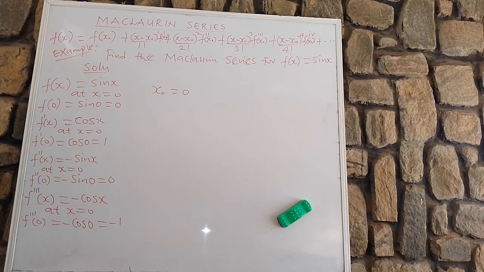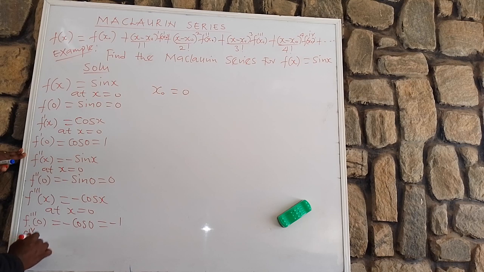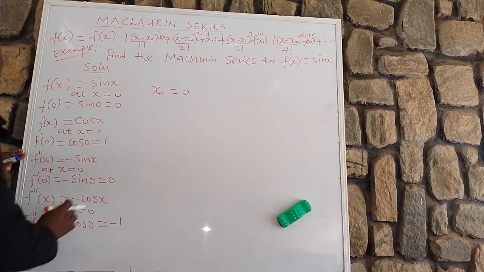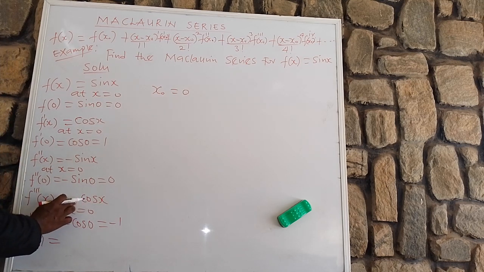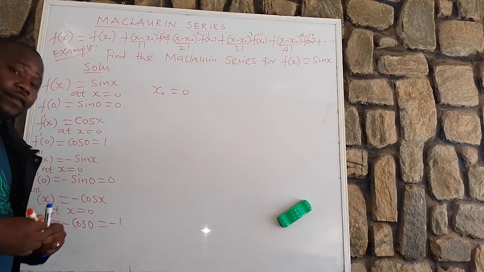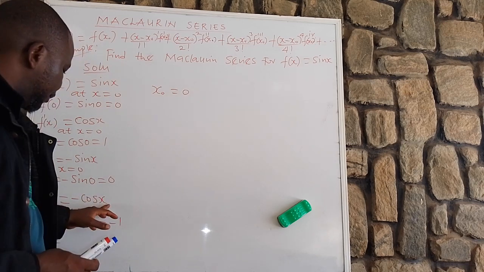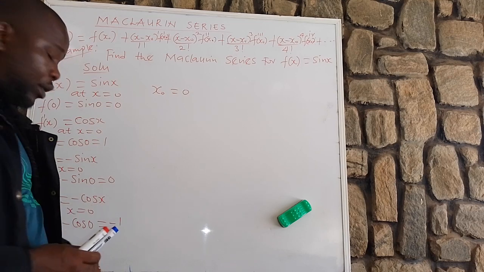Then let us obtain our f fourth derivative. We are going to obtain it from f triple prime of x, which is minus cos x. If we differentiate minus cos x, ordinarily, if we differentiate cos x, you are supposed to have what?